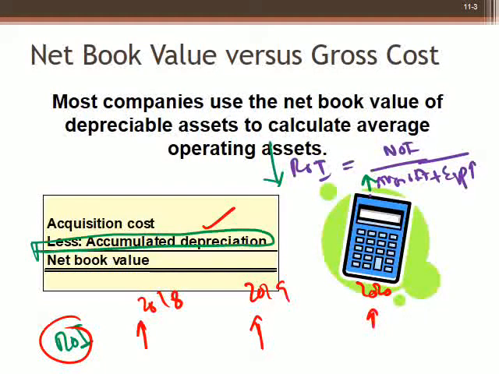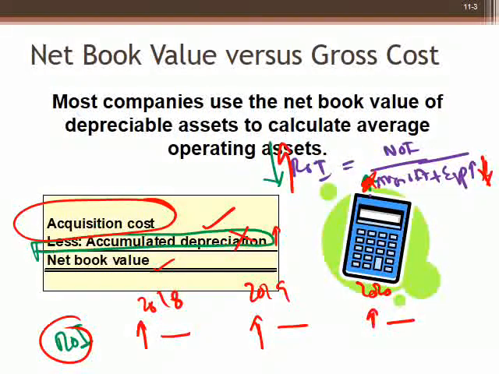But what's actually going on is that depreciation increases, causing net book value to decrease. So the denominator is decreased, causing the overall ROI to increase. So why not use the acquisition cost? We do not use the accumulated depreciation part, and then it stays the same, right?